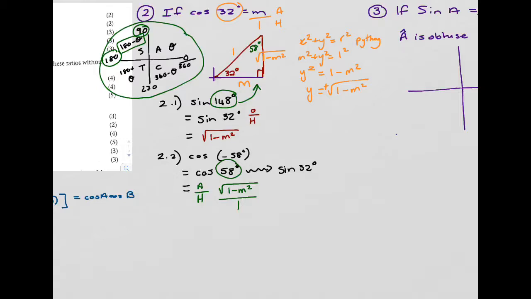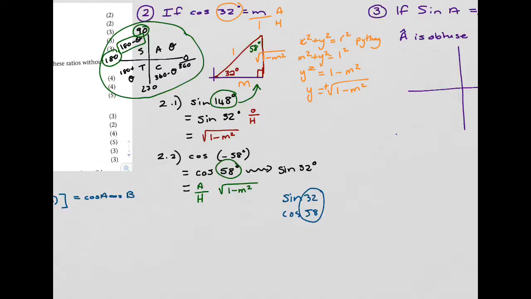Which means that you can just leave off the denominator as 1, and it is the same answer as sine 32 because they are co-ratios. Co-ratios mean that when you have sine 32 and cos 58, the 58 and the 32 add up to 90.